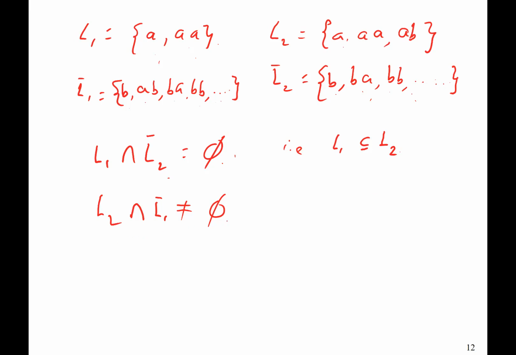But L2 intersection L1 bar is not empty, because the commonality would be at least AB, and maybe many more, just AB for now. So it's not empty. So L2 is not a proper subset of L1. So both have to be empty for the two languages to be equal.